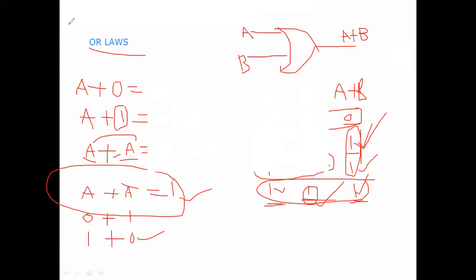Next one is commutative laws. Commutative laws means this belongs to the AND operation and the OR operation also.